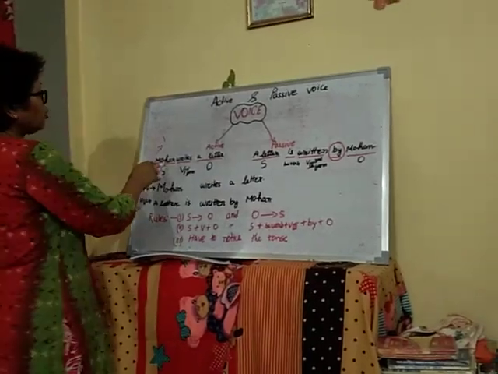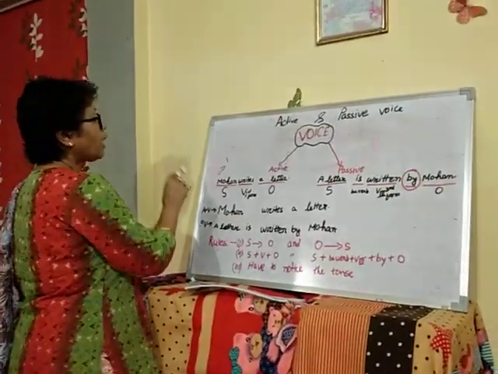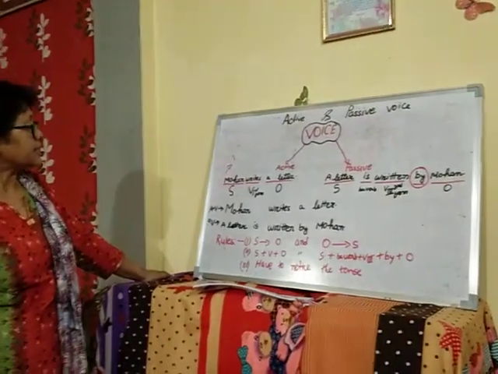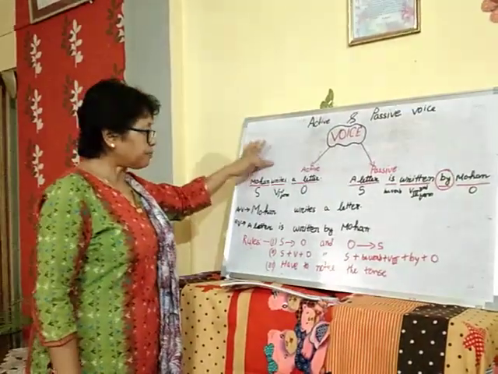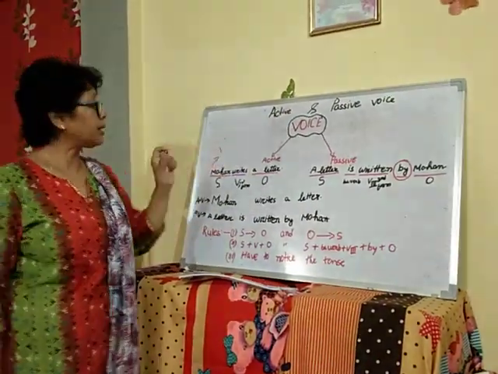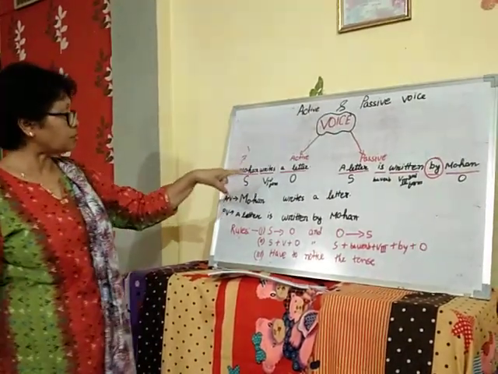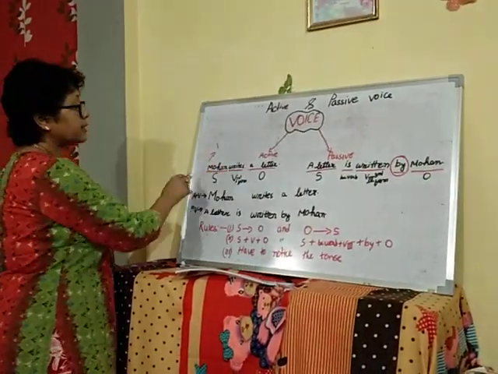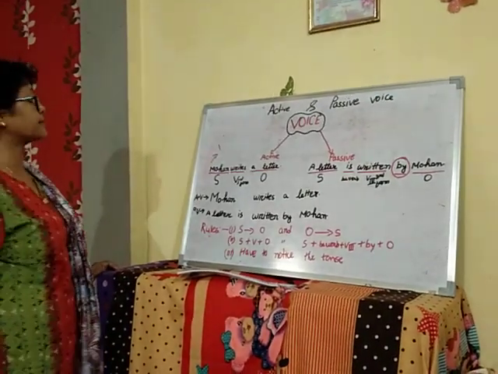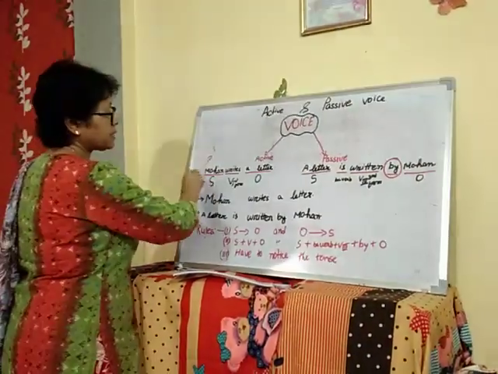Now let me tell you, Mohan writes a letter in the active voice. When we write a sentence, we have to see the tense, in which form the tense is. So in this, Mohan writes a letter, it is in the simple present tense.